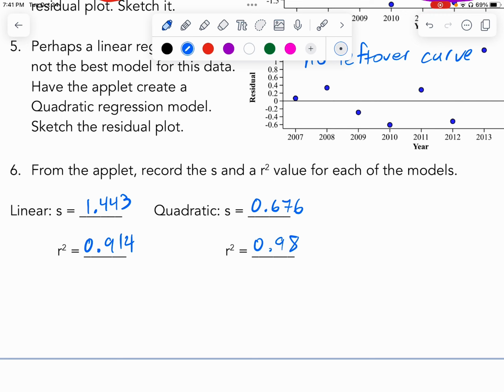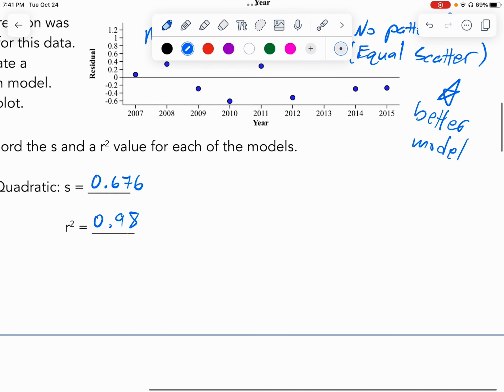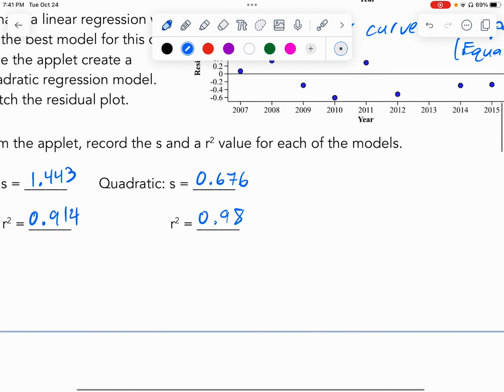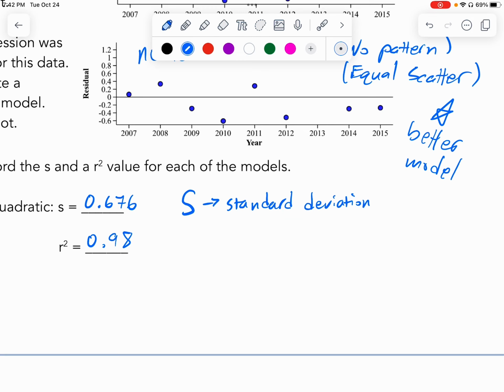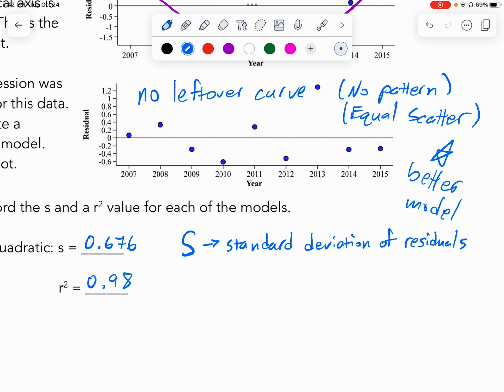All right, so what does all this mean? This S is new. S is the standard deviation of the residuals. So all these dots, these are the residuals.